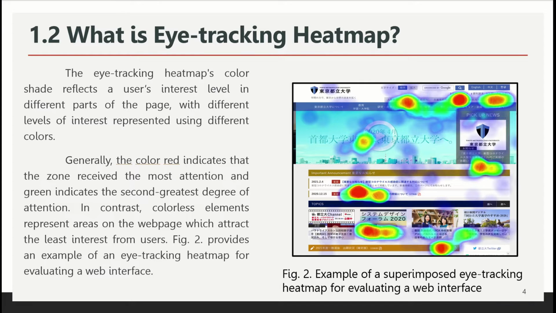In contrast, colorless elements represent areas on the web page which attract the least interest from users. Figure 2 provides an example of an eye tracking heat map for evaluating a website interface.